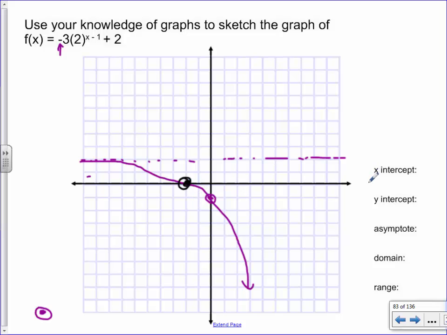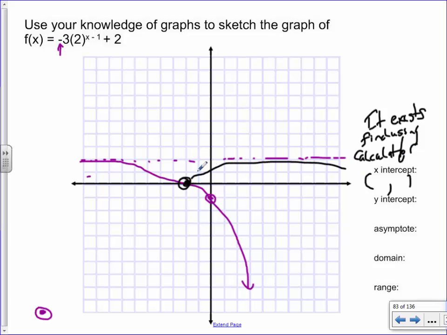Okay, so I'll just put a little note here saying there is one. It exists. Find using calculator. Eventually, I'll show you guys how to actually solve it algebraically, but we're not to that point yet. But clearly, there is an x-intercept right here.